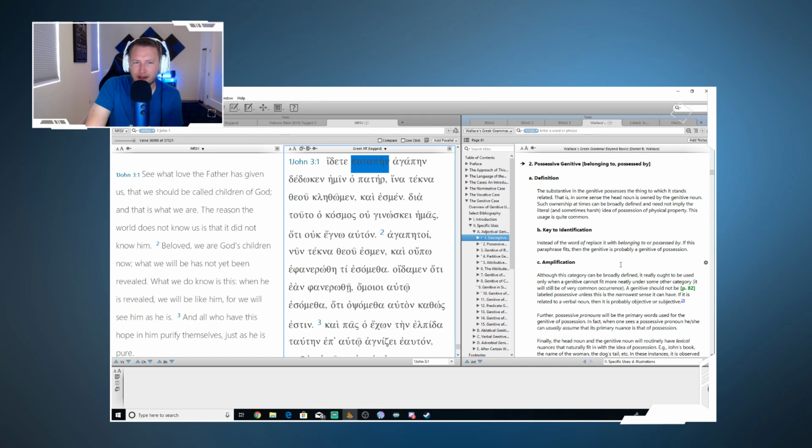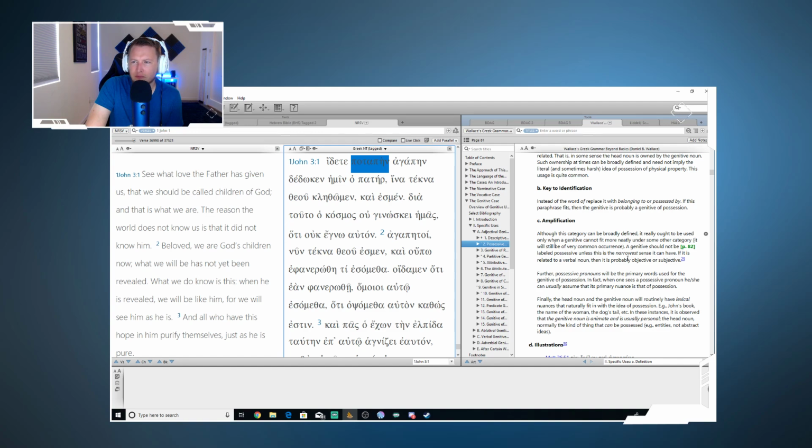Children possessed by God. No. The substantive in the genitive possesses the thing to which it stands related. God possesses the children. No. Children belonging to God, maybe.